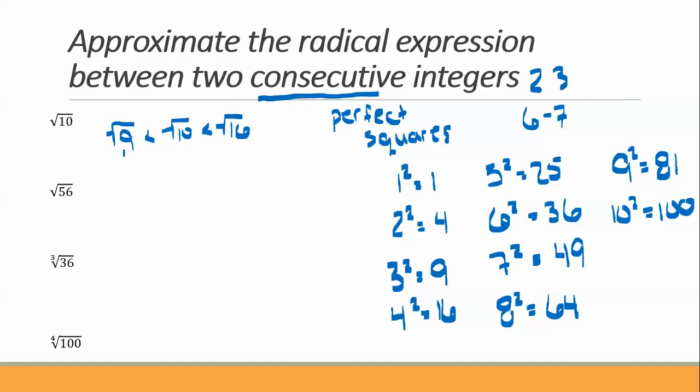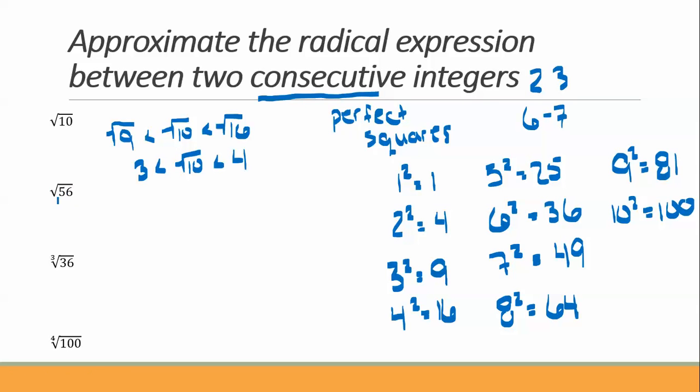But we know that the square root of 9 is 3, and the square root of 16 is 4. 3 and 4 are consecutive integers, and the square root of 10 is between 3 and 4. In fact, the square root of 10 is closer to 3 than it is to 4 because 9 is closer to 10.